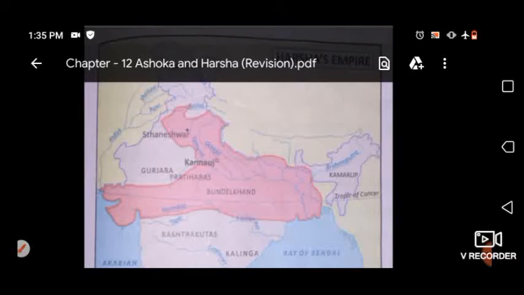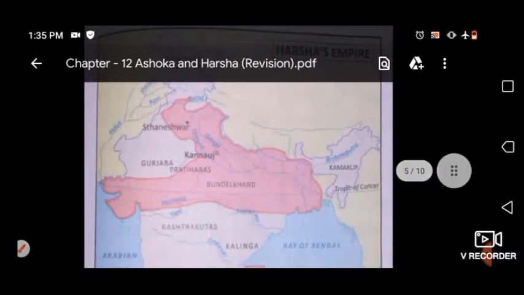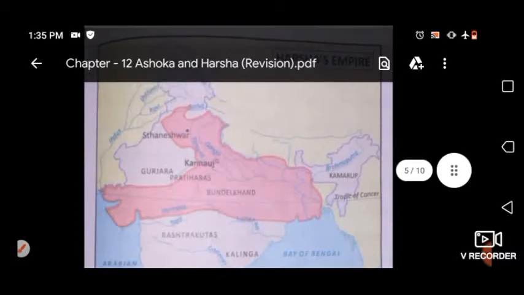The elder son was Rajyavardhan, the younger son was Harshvardhan, and the daughter was named Rajyashri. When Prabhakar Vardhan died, his eldest son Rajyavardhan became the king. After Rajyavardhan's death, Harshvardhan, that is Harsha, became the king of Thaneshwar.